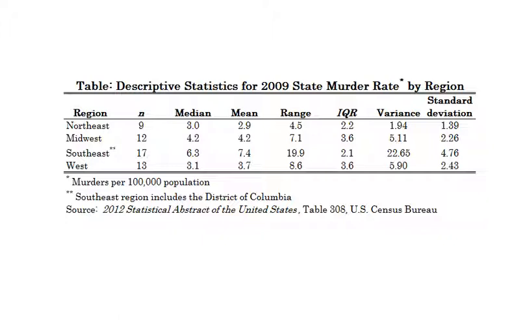The variance and the standard deviation can be influenced by one or two unusual cases. And we saw that one region we indicated had a much higher skew, given that the mean and median were farther apart than we saw for the other regions. And that leads me to be concerned.